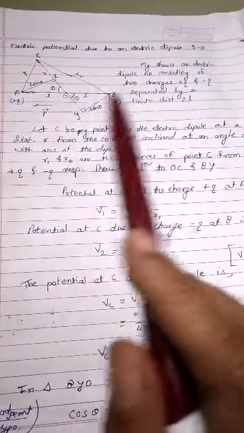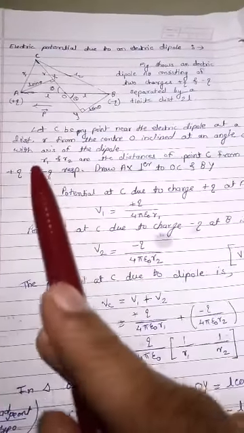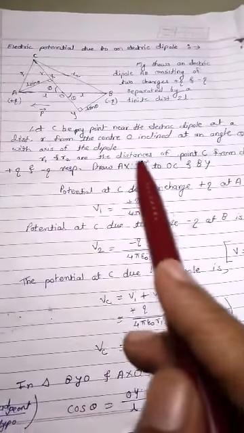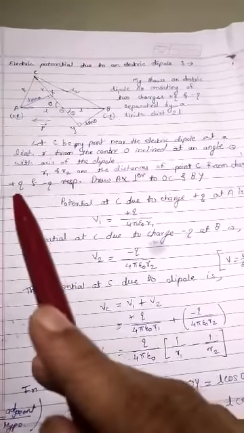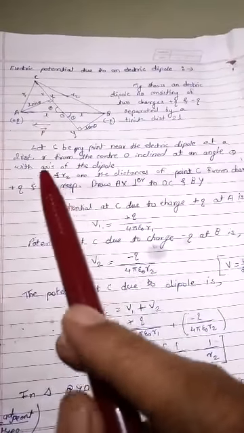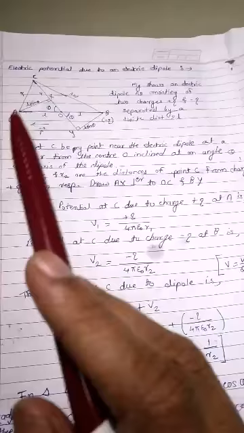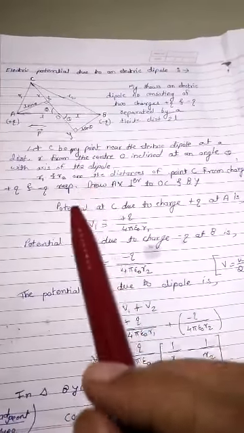We already saw this figure. R1 and R2 are the distances of point C from charges plus q and minus q respectively. At plus q the distance is R1 and at minus q the distance is R2.